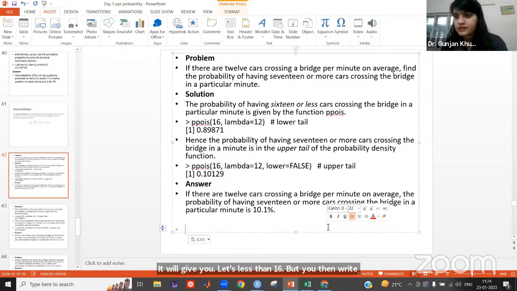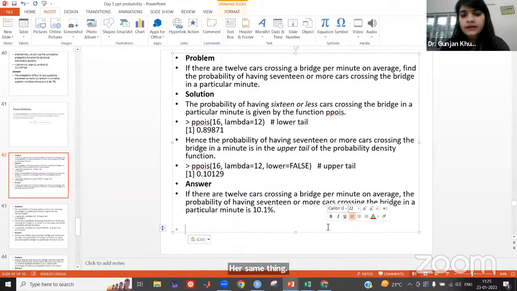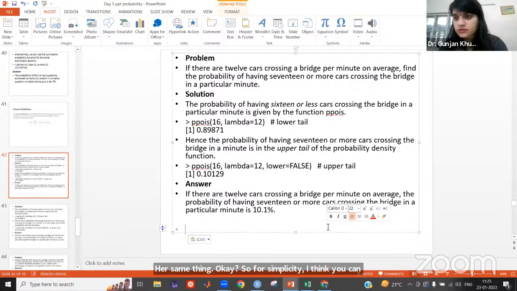So either use lower equal to false or use 1 minus. Both are the same thing. For simplicity, I think you can use 1 minus also, if you don't want to remember a lot of syntaxes.